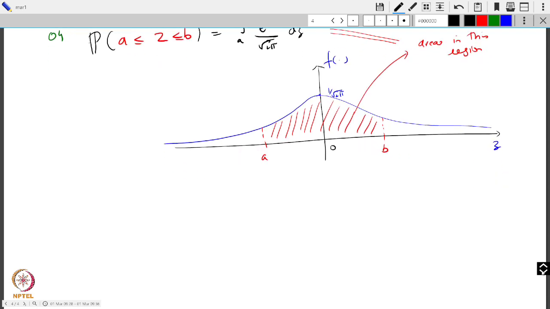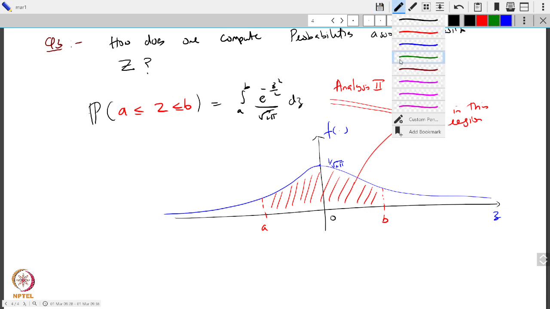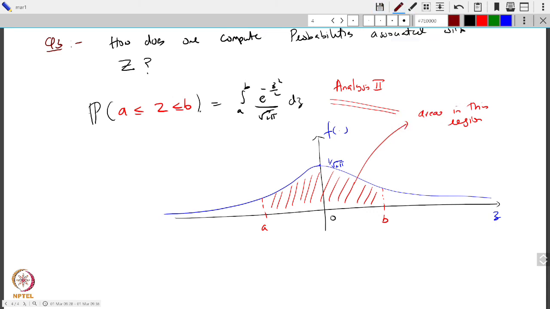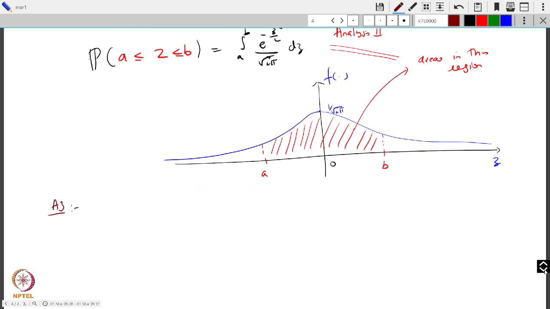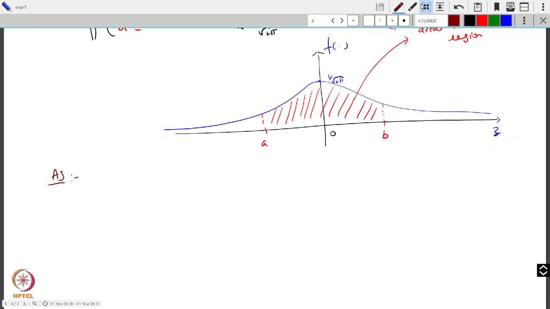Here's the first observation. Let's call it observation 4, or answer 4. Question 3 is this, answer 3.